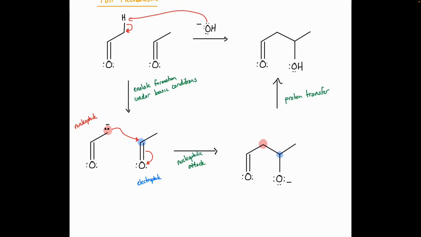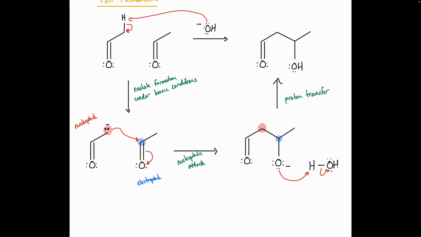So if the last step in this mechanism is just a proton transfer, I need to protonate that alkoxide ion. If we need an acid under basic conditions, we're just going to use water. And so that'll be my last proton transfer step.